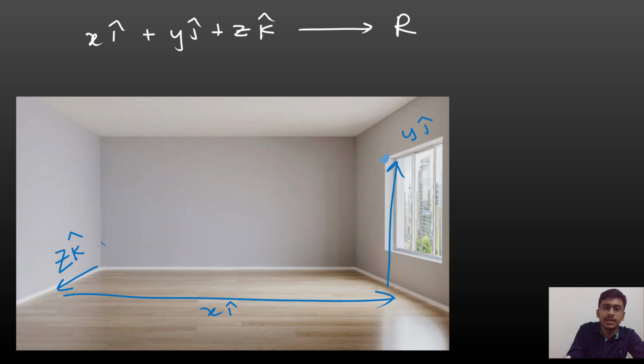So basically, I have formed a right angle triangle on the floor here, and if it's a 2D right angle triangle, I can find what R1 is first. R1 squared is nothing but x squared plus z squared, correct?